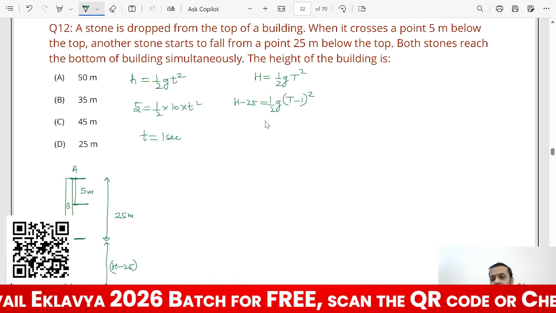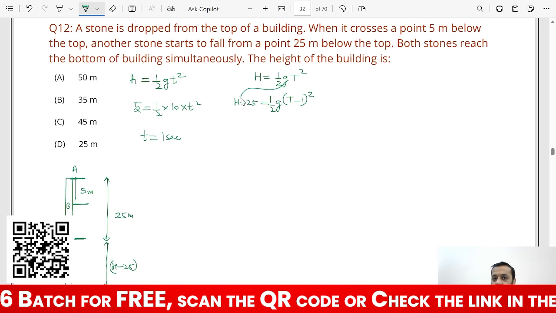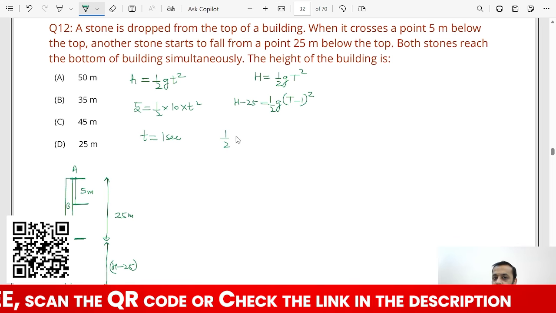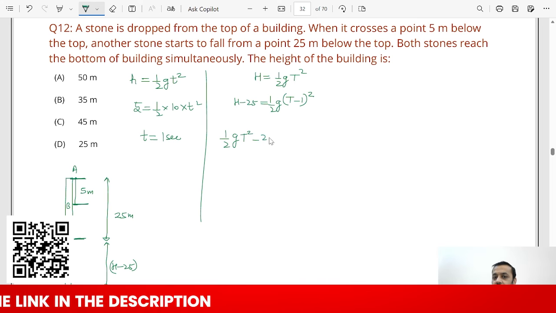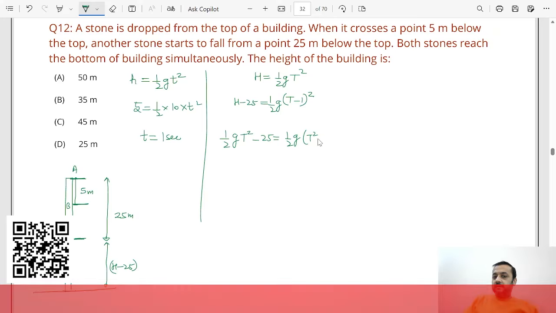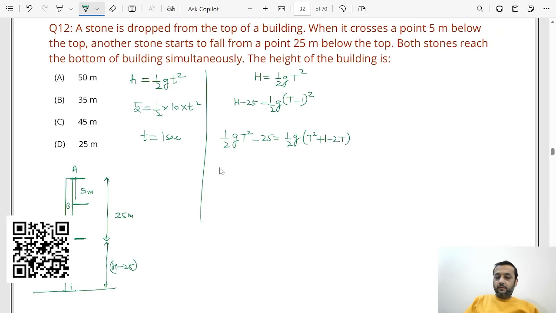Okay, now very easy. After this, you can just put the value of h here. So if I put that, half g t square, this is the value of h, minus 25 equals half g, and this you can expand, t square plus 1 minus 2t. Okay, so g we can take 5, so that means this will become 5t square, minus 25, that should equal 5t square plus 5 minus 10t.